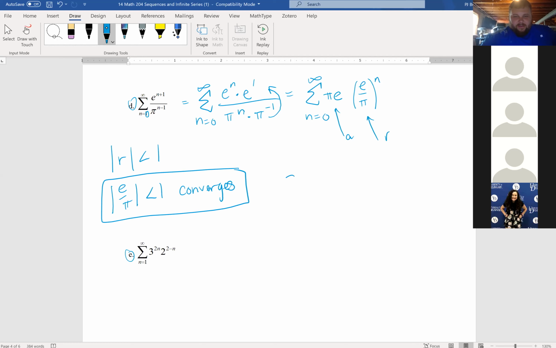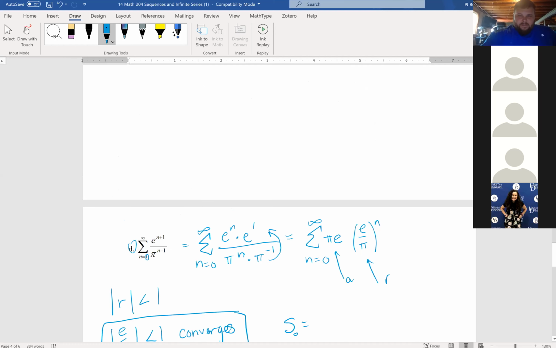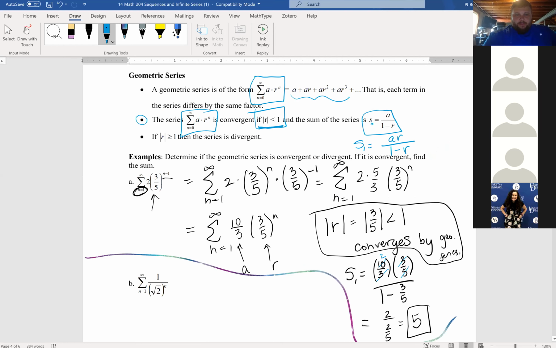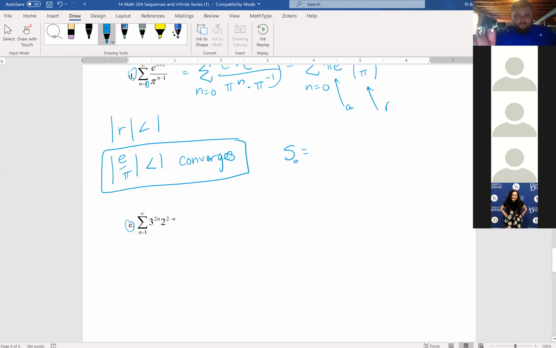And if we want the sum, our series or our summation starts at 0. And so looking back up here, notice if we start at 0, then we need a over 1 minus r. So a was pi e.